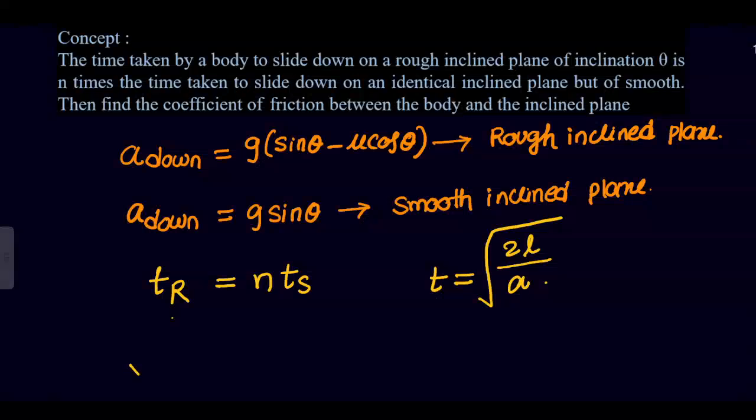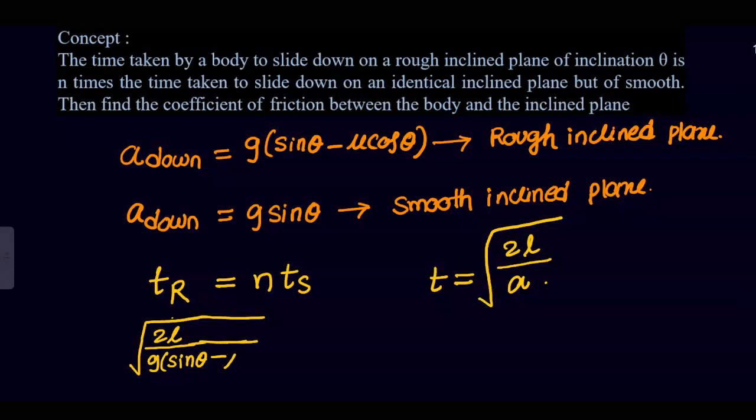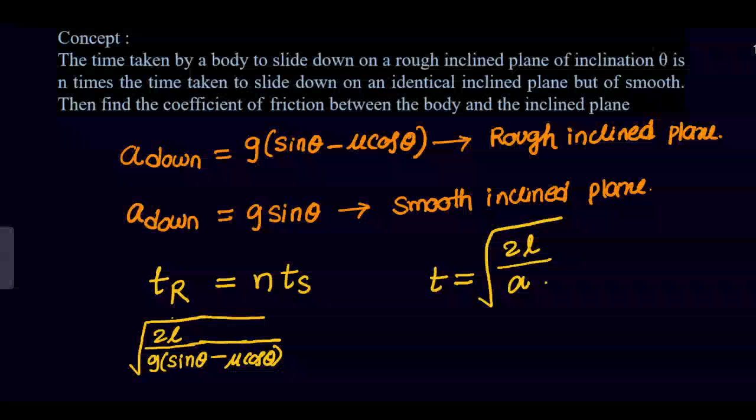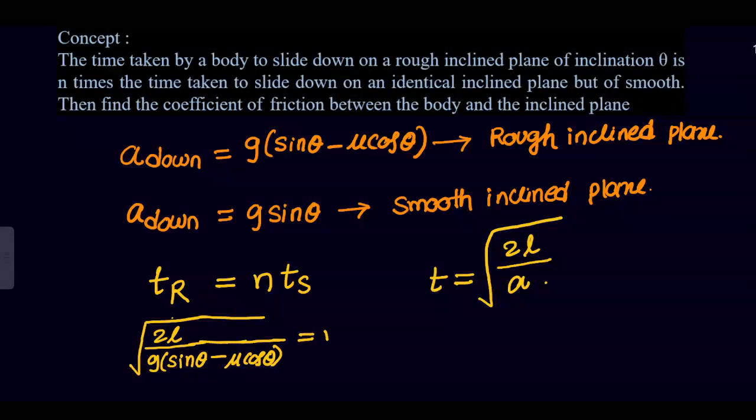So that means this is square root of 2L by a, and in rough case the a value is g into sine theta minus mu cos theta, which is equal to n into TS, square root of 2L by a for the same inclined plane.